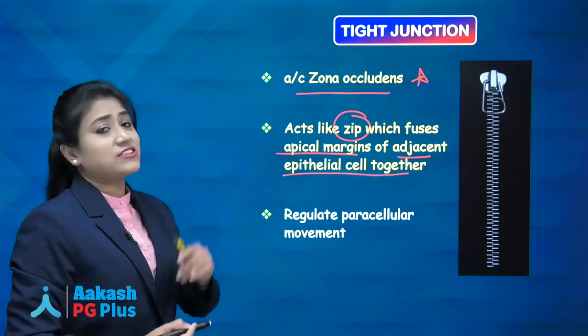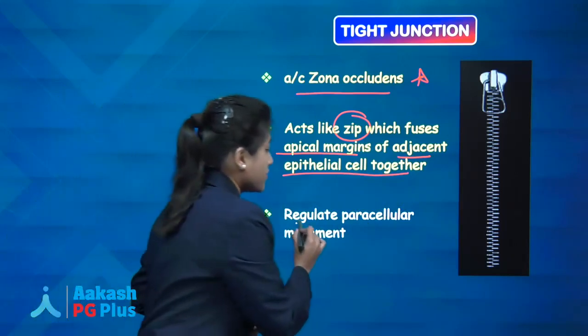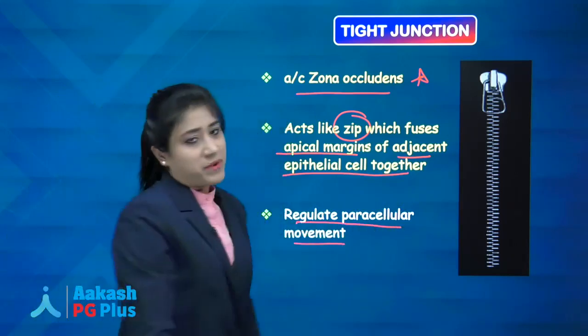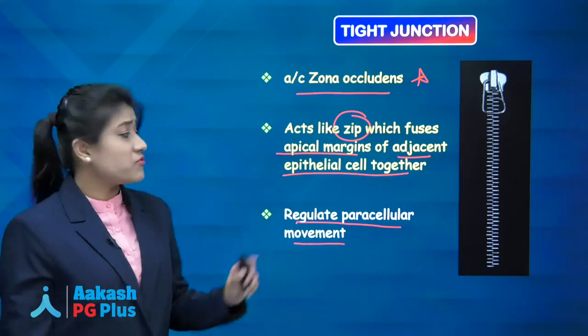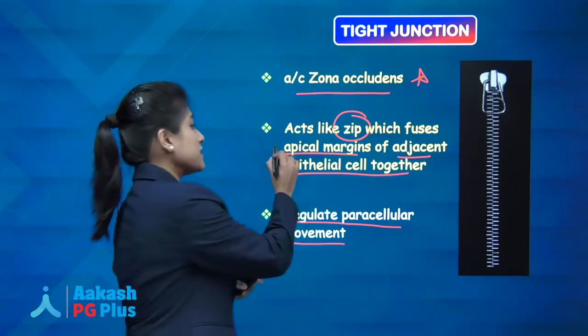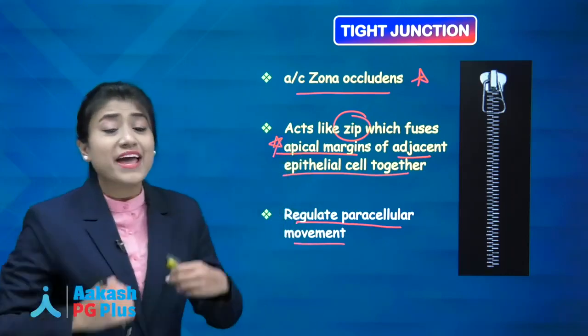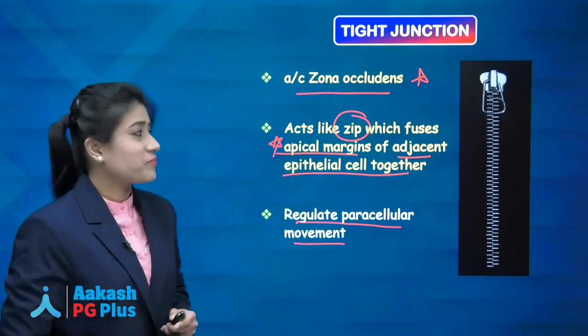That's why this tight junction regulates paracellular movement. It is very important for regulation of paracellular movement. Why? Because it is fusing the apical margins of adjacent epithelial cells.